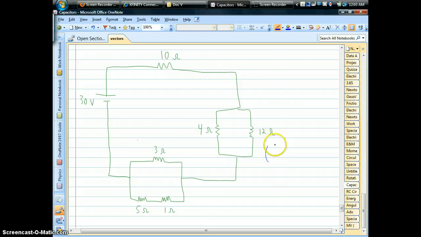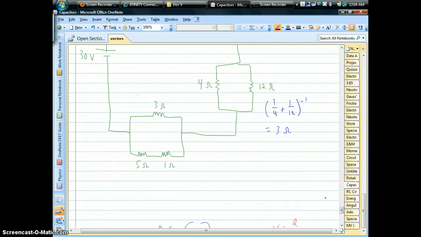So for example, on the right-hand side, we'll have 1 over 4 and 1 over 12, which should give us 3 ohms of resistance. In this other part here, we have a total of 6 ohms on the bottom branch, and so we have 6 ohms in parallel with 3 ohms.